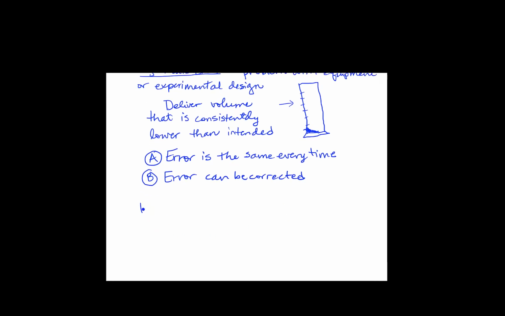Another problem with equipment or experimental design that you might imagine is if we have some kind of glassware or probe or a balance that is uncalibrated, or, with a balance, it might not be tared. So it might not be showing a 0, if it is an electronic balance, for example. And this could lead to measurements that are either too high or too low.